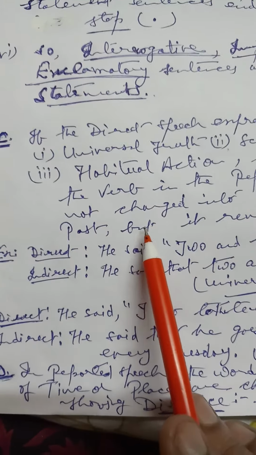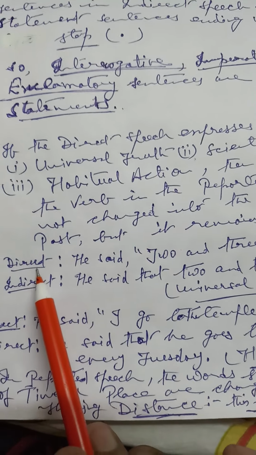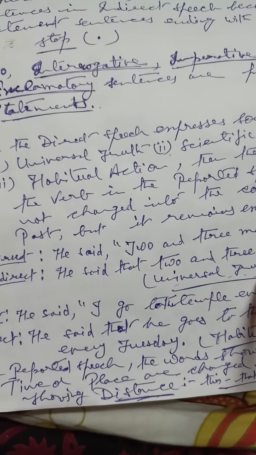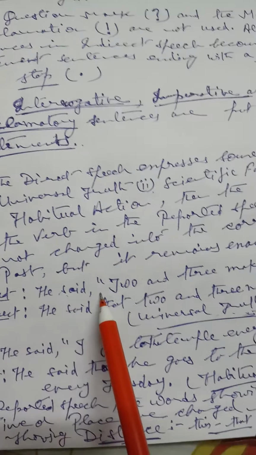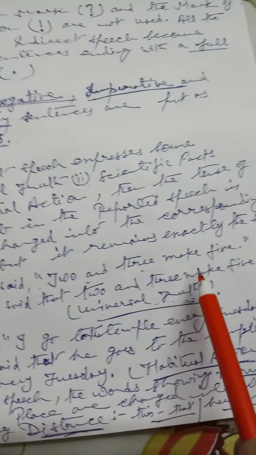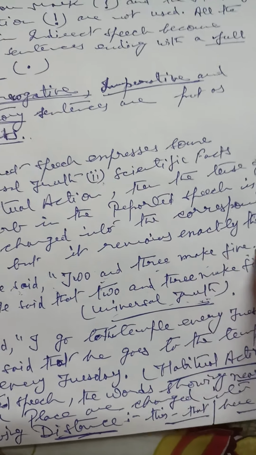One example is a sentence in direct speech based on a universal truth: he said, 2 and 3 make 5. It means when we add 2 plus 3, it makes 5.